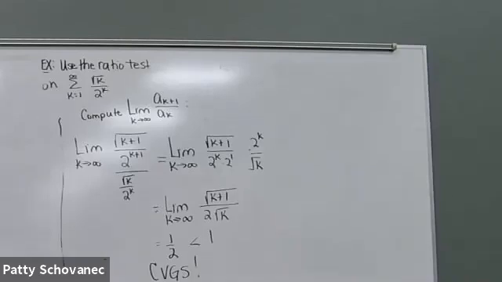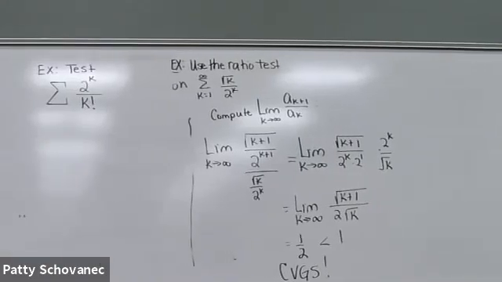I'm going to remind you what k factorial means. What is 4 factorial? 4 times 3 times 2 times 1. So we're going to write k factorial as k times k minus 1 times k minus 2, blah, blah, blah, until I get to times 1.